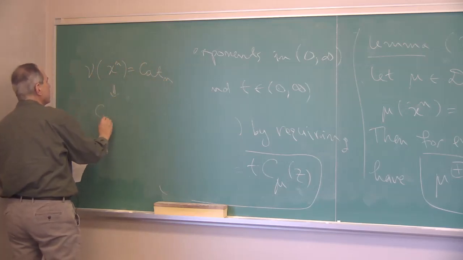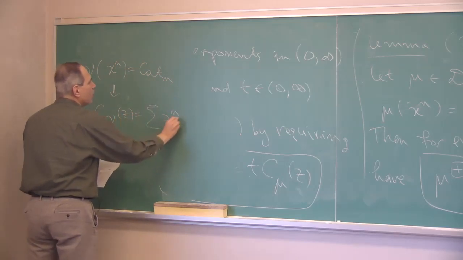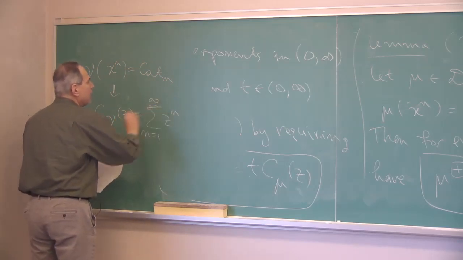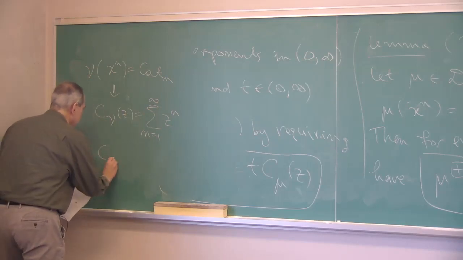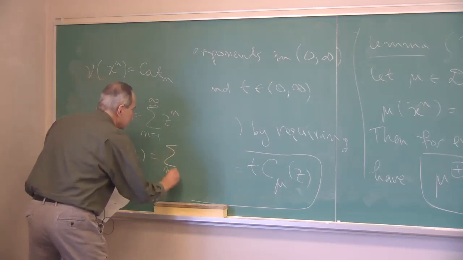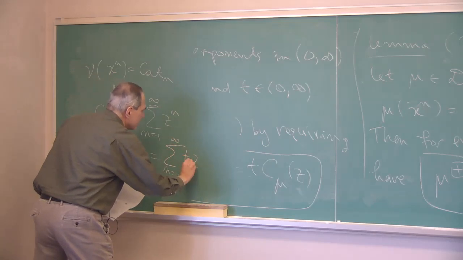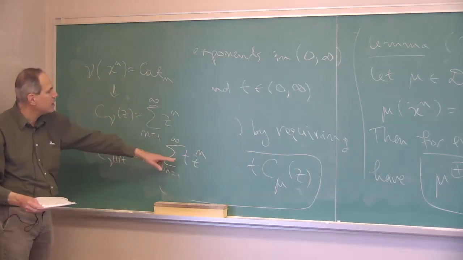This implies that all the free cumulants are plainly equal to 1. Then the convolution power is summation t times z to the d. So when you do box plus t, then you get this.